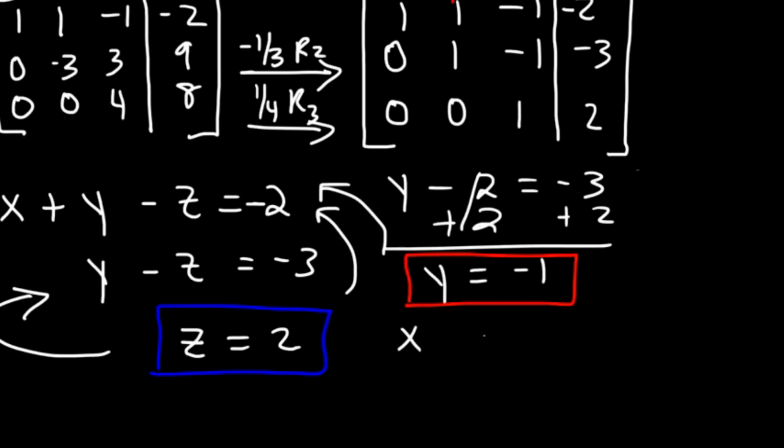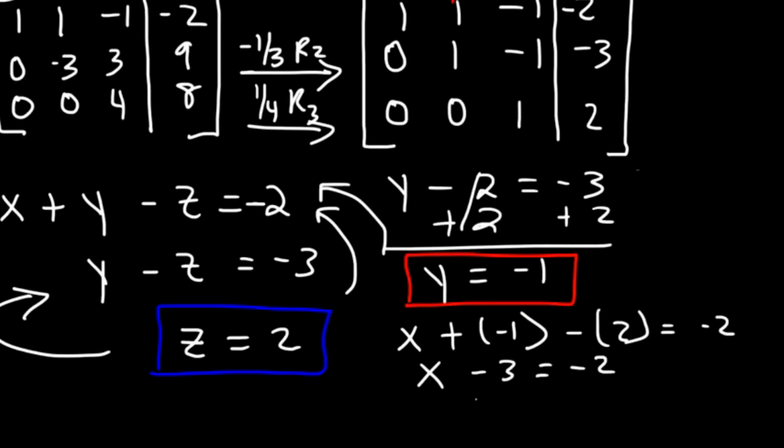So we're going to have x plus y, where y is negative 1, minus z, and z is 2. That's equal to negative 2. So negative 1 minus 2 is negative 3. And if we add 3 to both sides, negative 2 plus 3 is 1. So x is equal to 1.